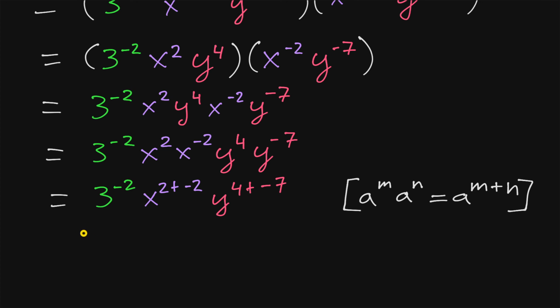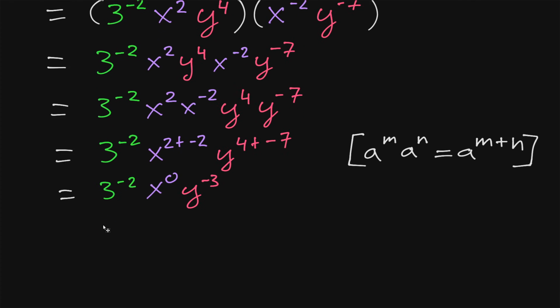So now, on the very next line, all I'm going to do is just do the basic arithmetic we have here in the exponents. So we're going to have 3 to the negative 2, and then x, where we have 2 plus negative 2, which is just equal to 0. And then y to the power of 4 plus negative 7, which is just equal to negative 3.